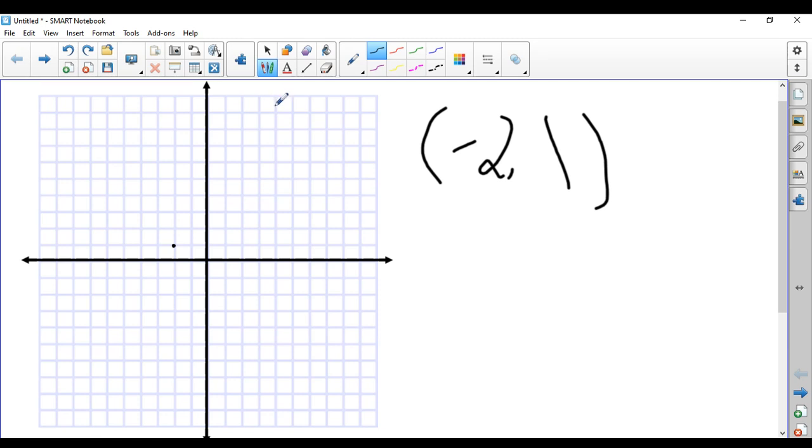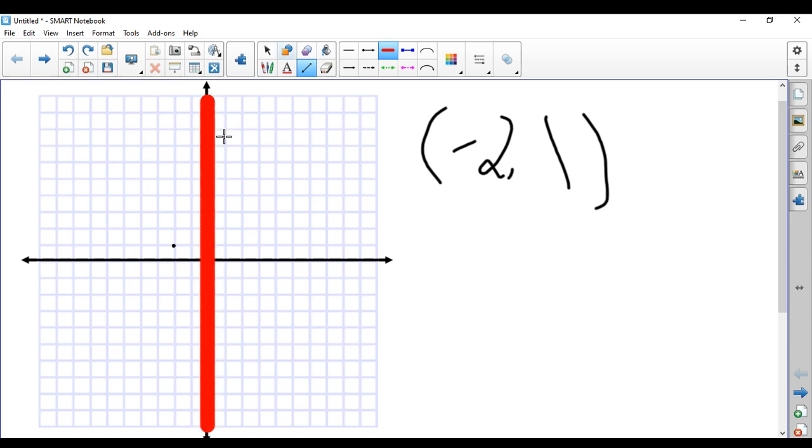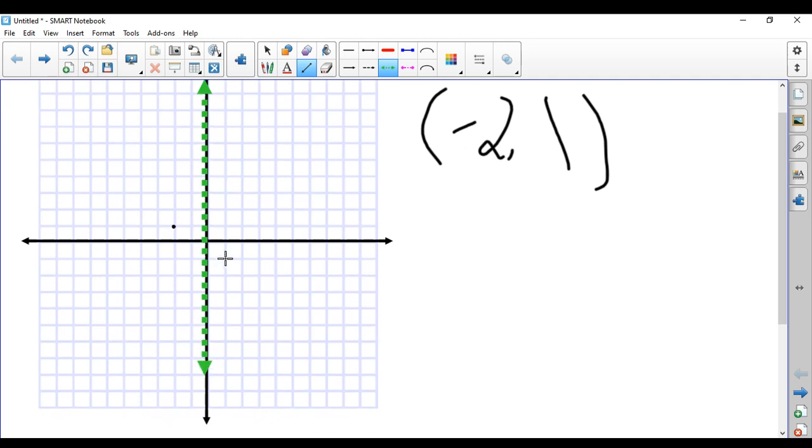That's what we're going to call it when we've created a line, and I'll even put it in a different color. Now this guy is my line of reflection, and I want to create a mirror on the other side.